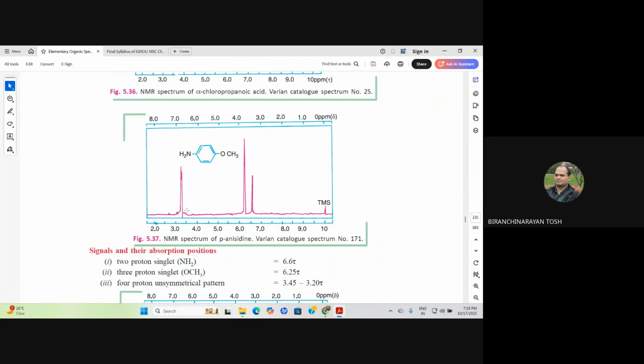The 4 proton unsymmetrical pattern is at 3.45 to 3.2, the 3 proton singlet around 6.25, and the 2 proton singlet for the amine group at 6.6. Would you follow?